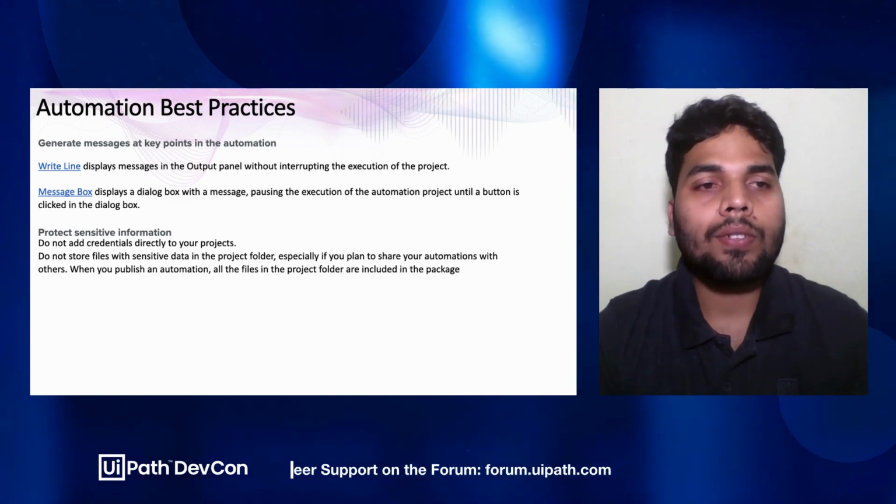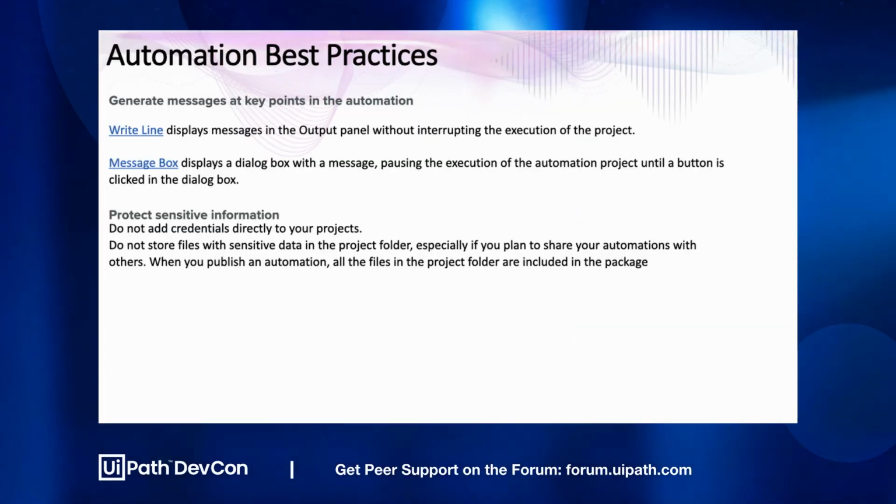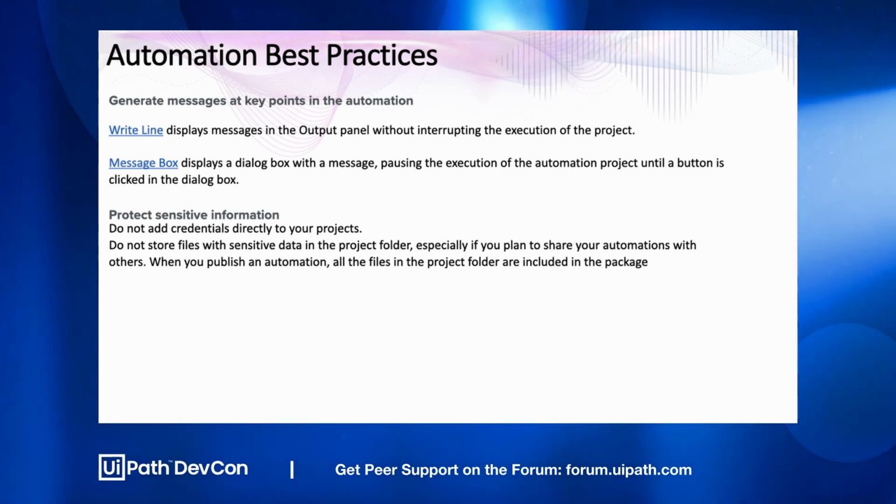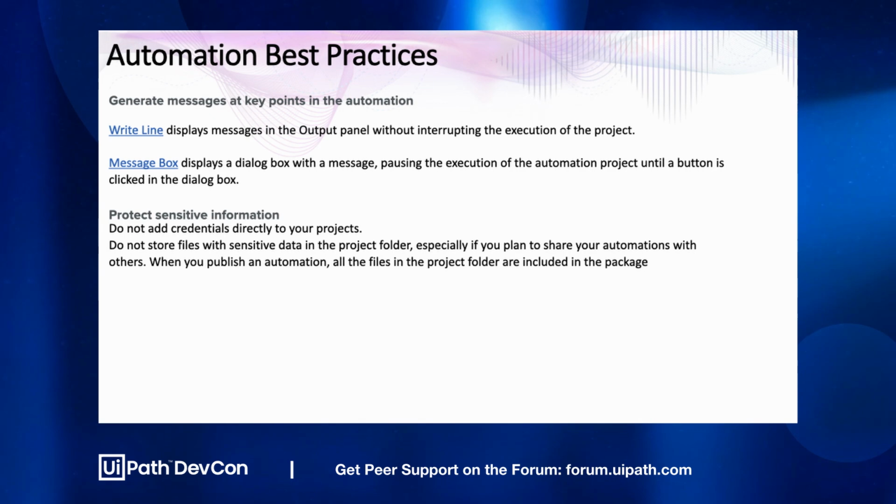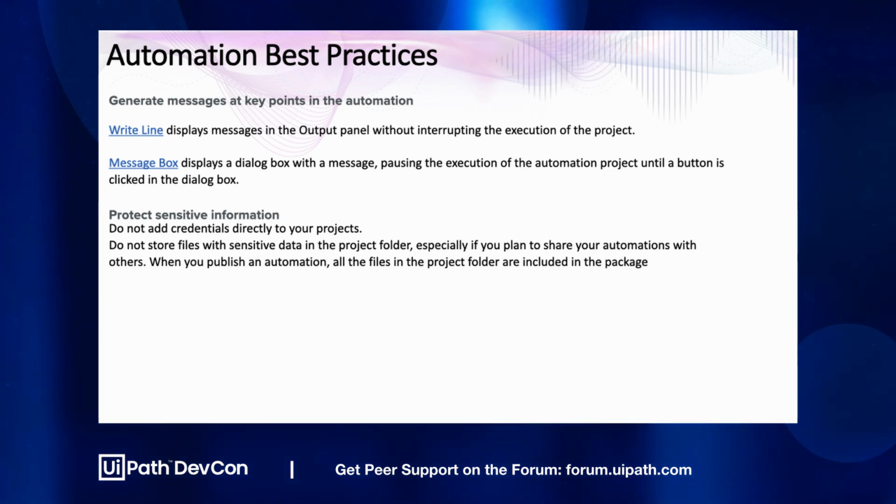The last one on this list is protecting sensitive information, which is very important from a cybersecurity and internal audit perspective. When you're designing, remember not to save any credential, or even business constants, as part of your project. You can keep the credential away, saved in a credential vault, or the user is responsible for entering it on the target screen when required.